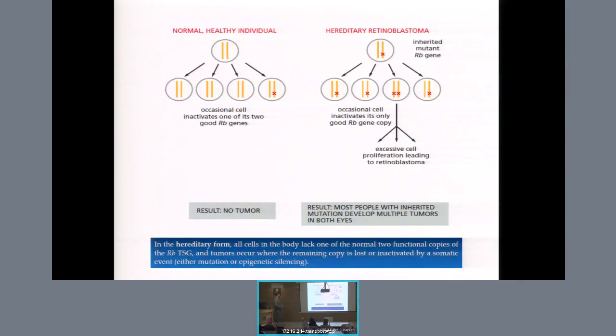So, a normal healthy individual, however, one with the mutation. So this one individual, when reproducing into different progenies, and one of the progeny cells has two mutations in both the copies of the gene, then there are chances that the cell converts into a tumor cell.